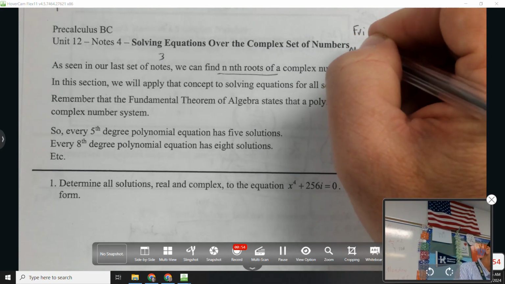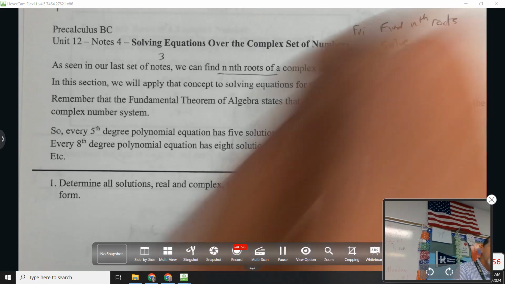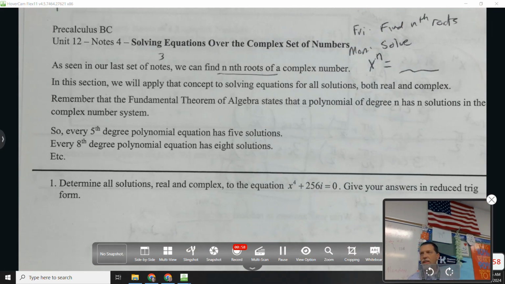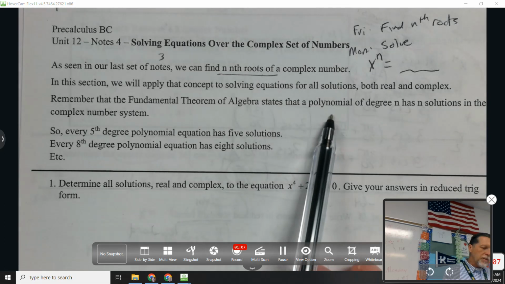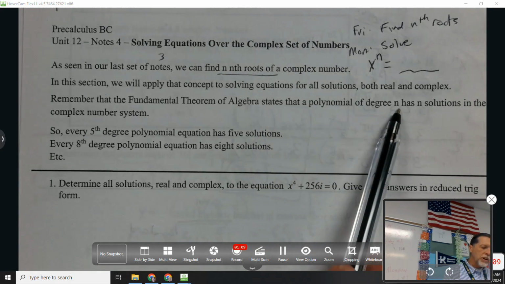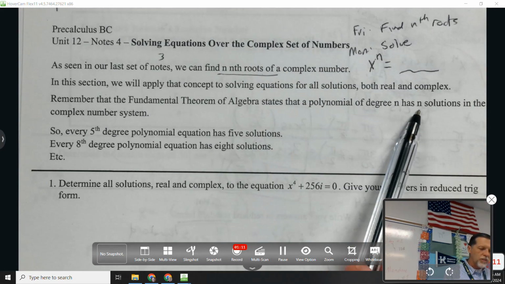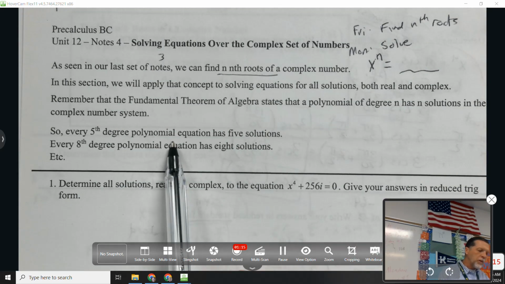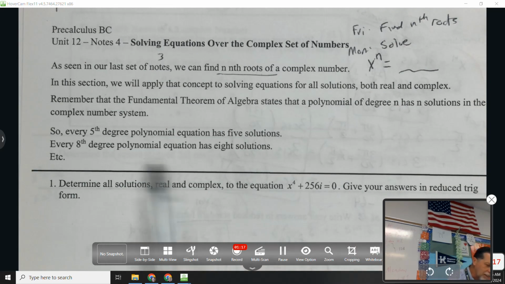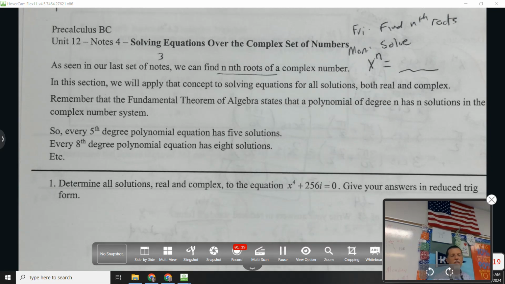Today we're going to say solve an x to the n equation, but it's kind of the same thing, just a different setup. Remember that the fundamental theorem of algebra states that a polynomial of degree n has n solutions, right? We've talked about that before. So every 5th degree polynomial has 5 solutions, every 8th degree has 8 solutions, and so on.